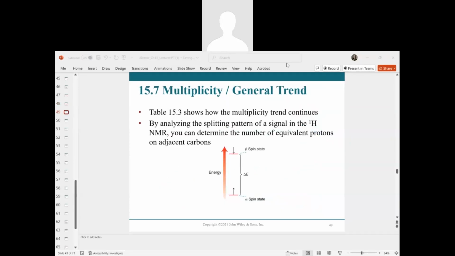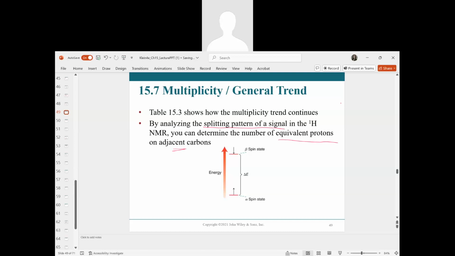When we talk about multiplicity, again, we can generalize the number of signals, or splitting pattern of our signals, as dependent on the number of equivalent protons on adjacent carbons.